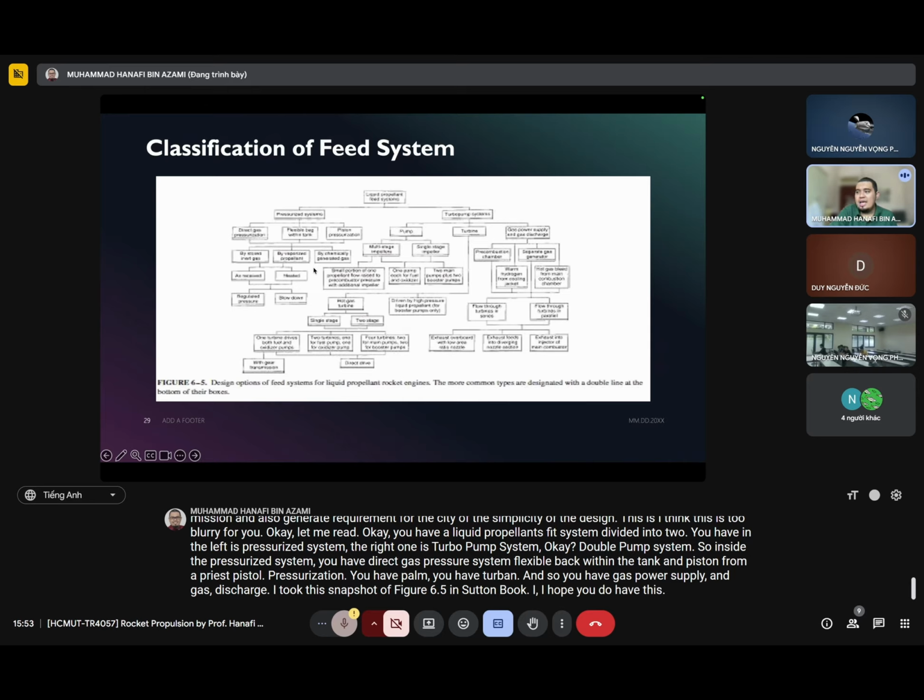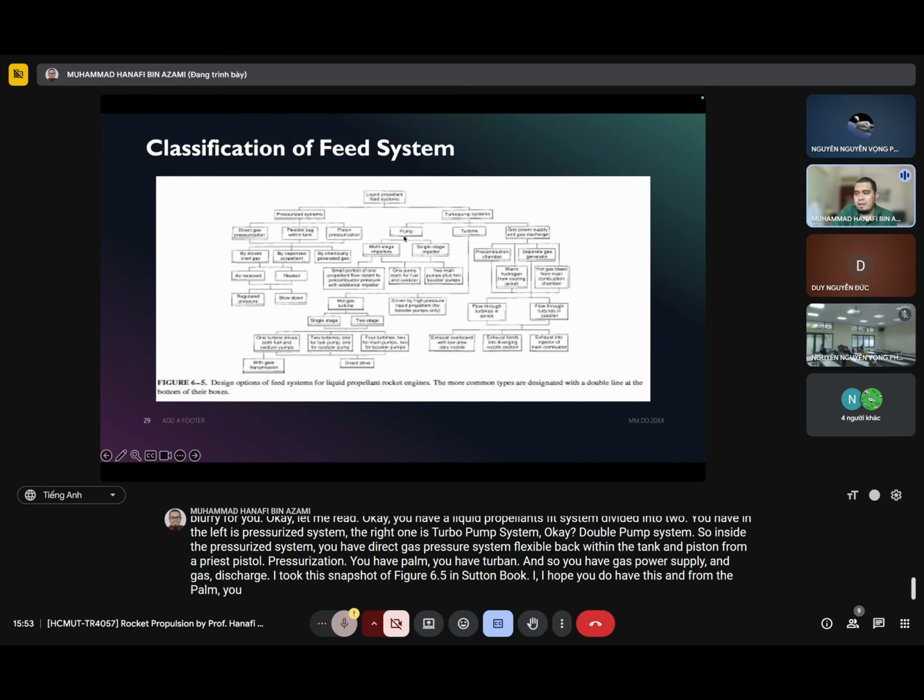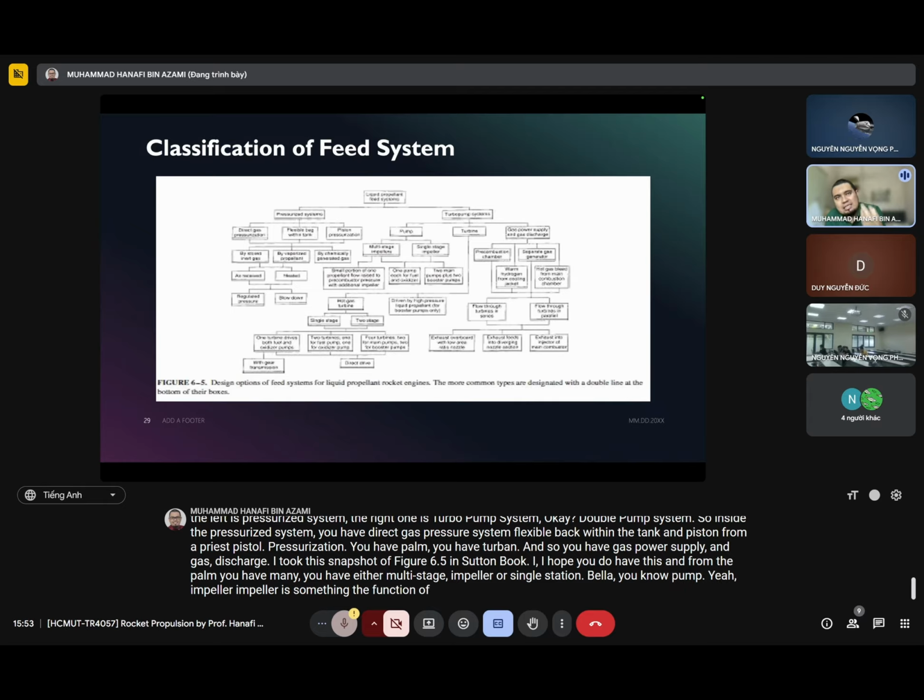I hope you do have this. And for the pump, you have either a multi-stage impeller or a single-stage impeller. The function of the impeller is similar to a compressor, but the geometry is different.